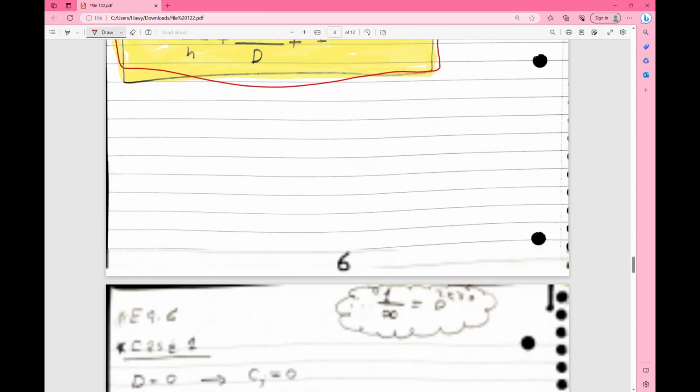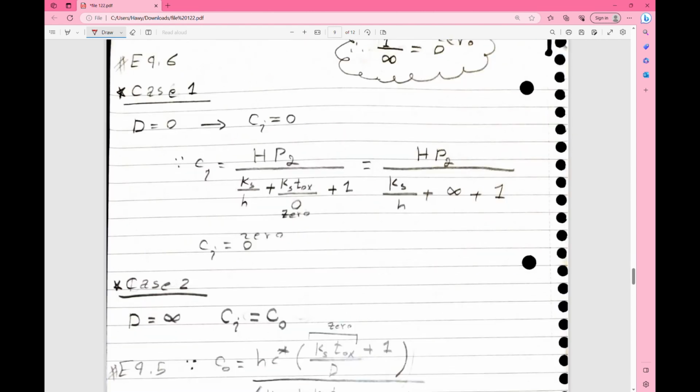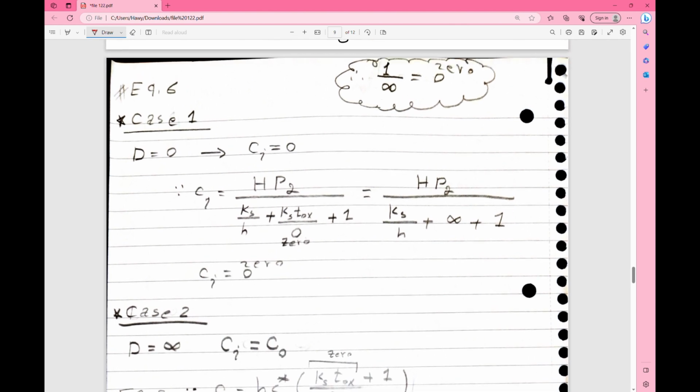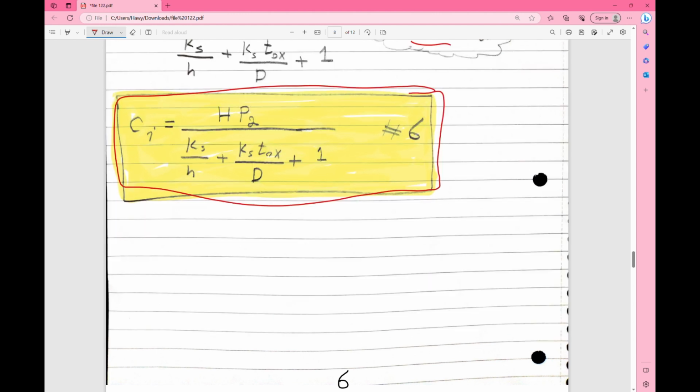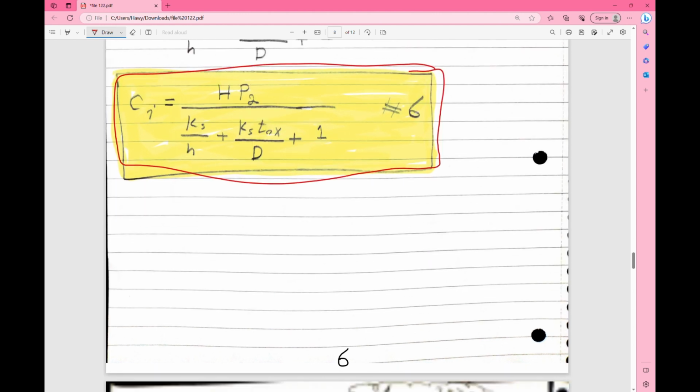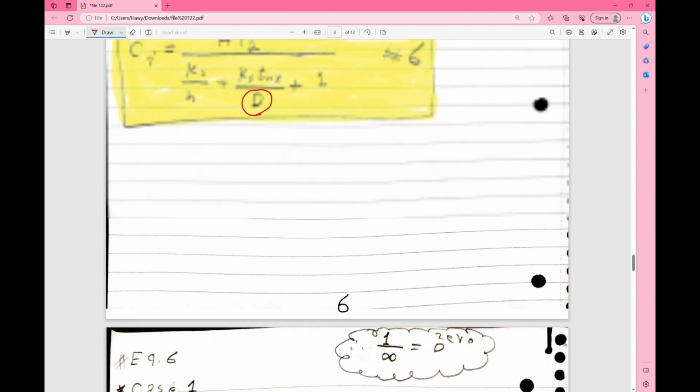Now we will study cases. When we put d equals 0, the solution of Ci will be 0, and when we put d infinity, the Ci will be equal to C naught. We will see that. So when we go back to the Ci equation, this is Ci, we will put d here equal to 0.